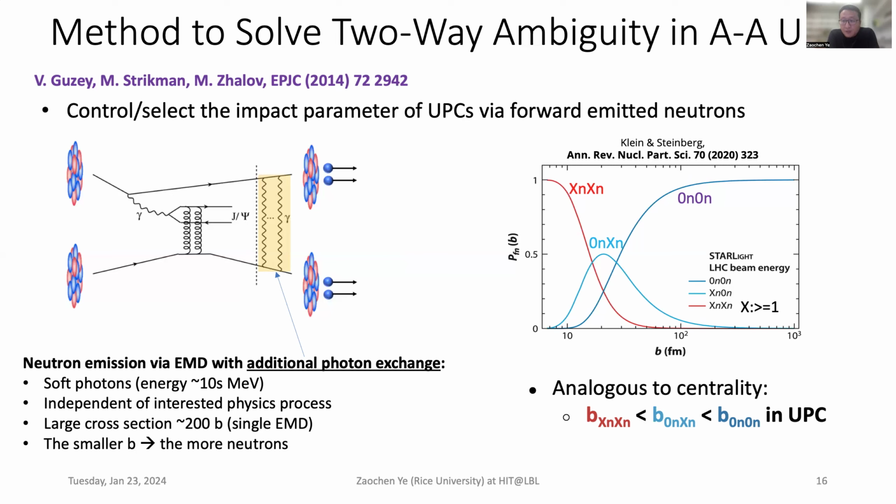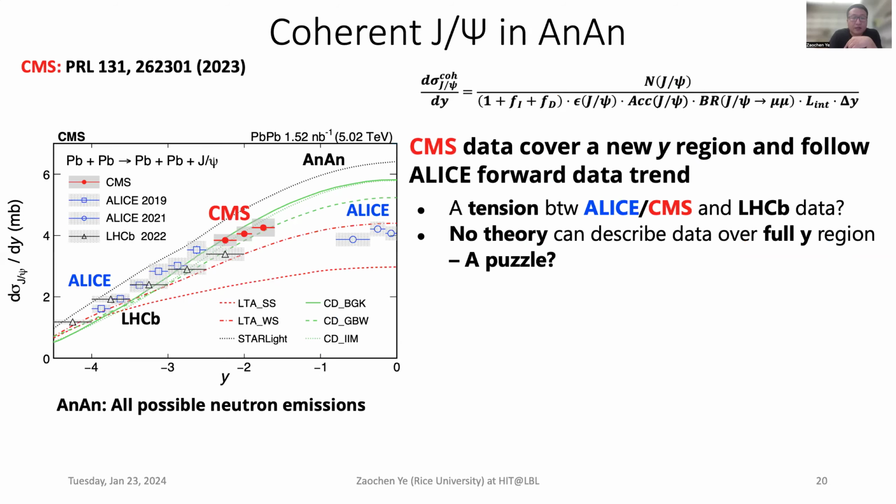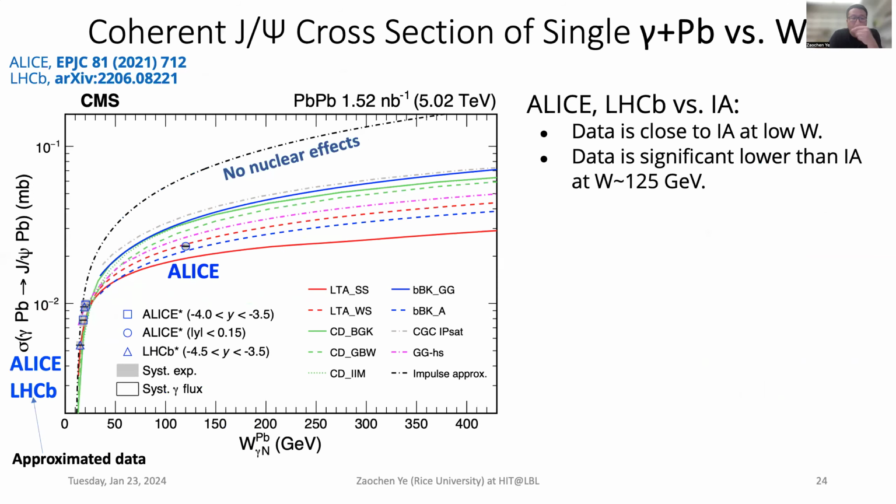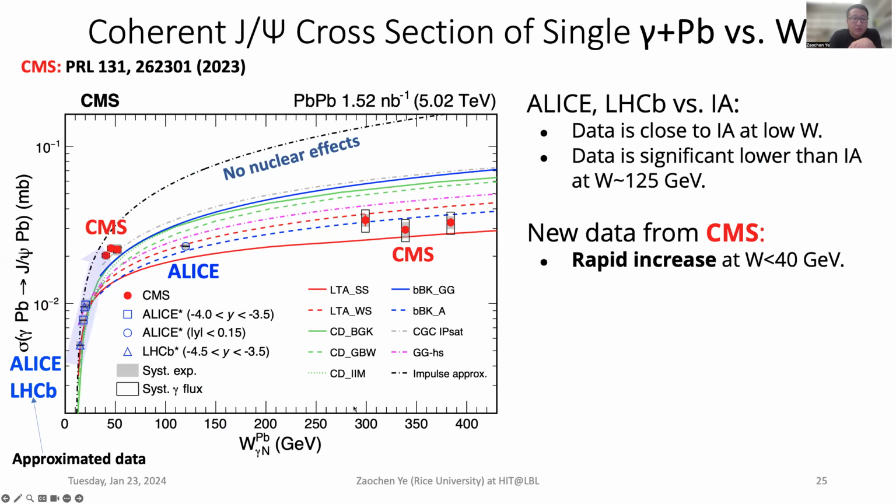All these uncertainties are taken into account in our systematic uncertainty calculations. As you can see, that is why after the disentangling, we actually have this box. This is the dominant uncertainty from the photon flux calculation.